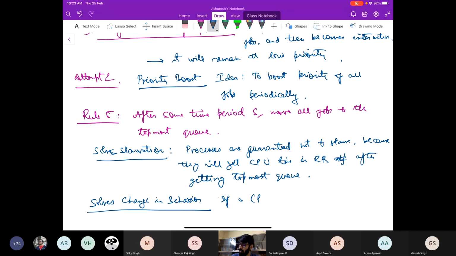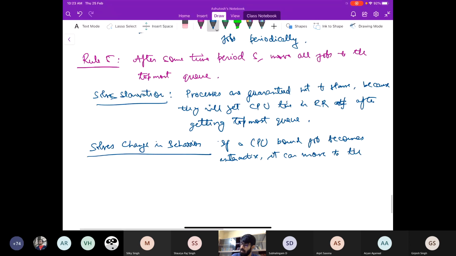So if a CPU bound job becomes interactive, it can move to the top level and stay there.